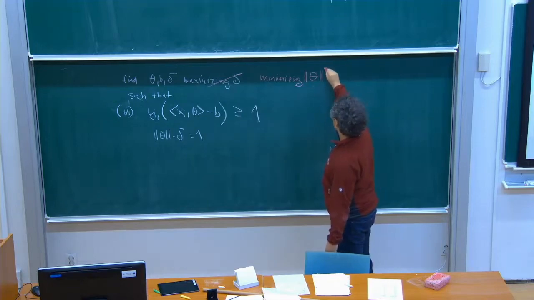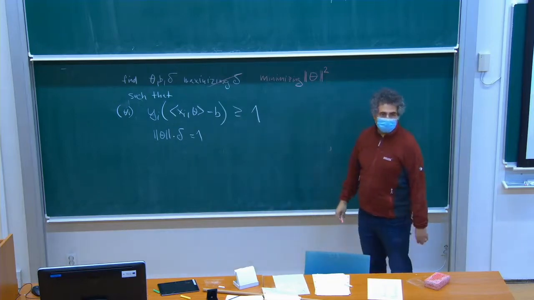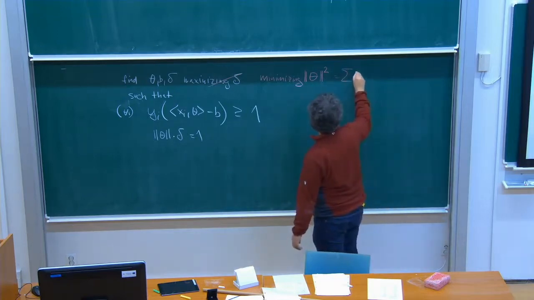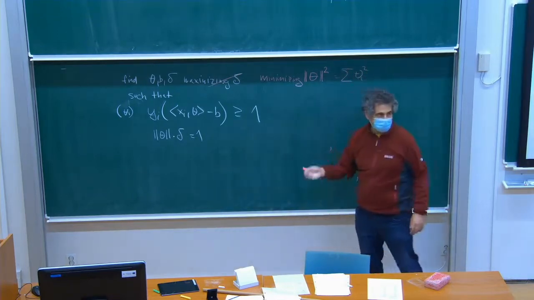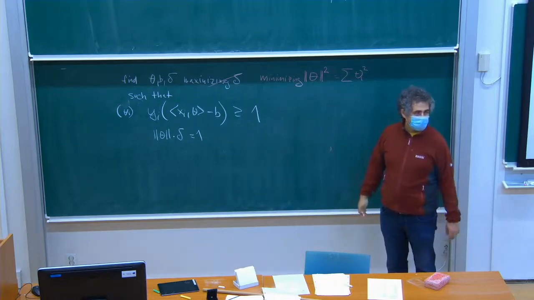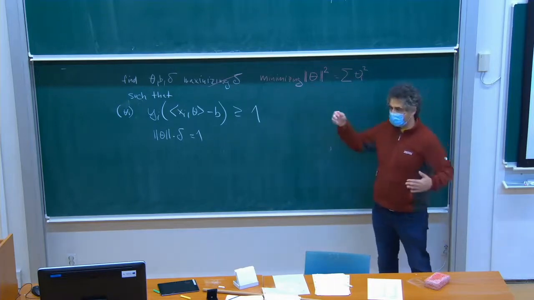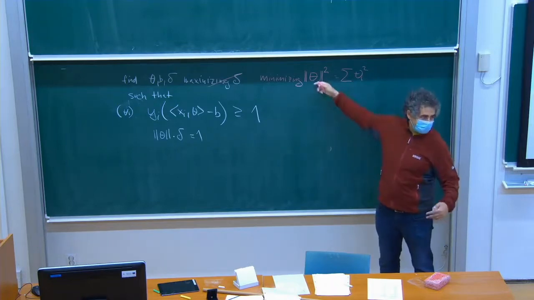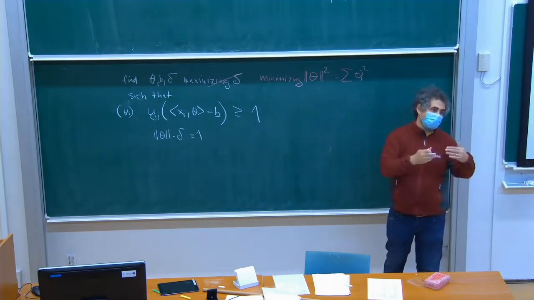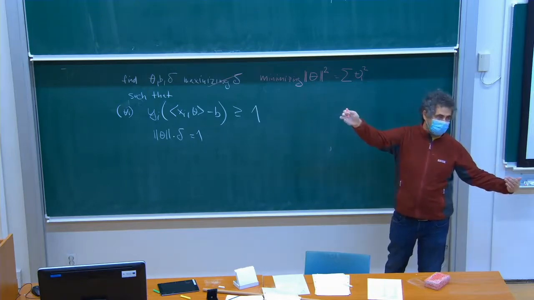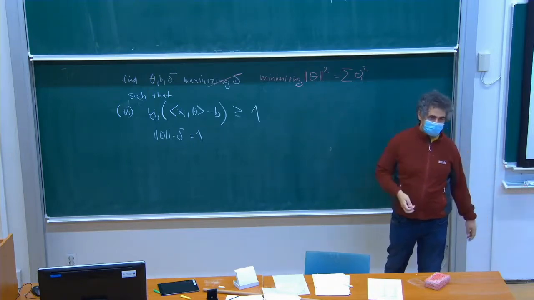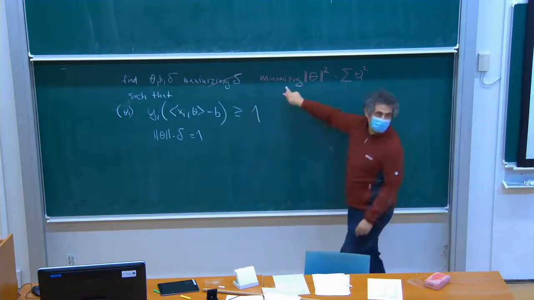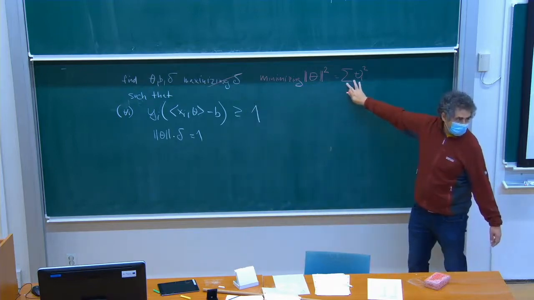And I can do theta squared. So this will basically be a sum of squares. If this is a non-negative number, and I'm minimizing it, I can also minimize this non-negative number squared, and it's the same thing. Okay, so this is allowed. We are doing quadratic programming. This is perfectly fine.